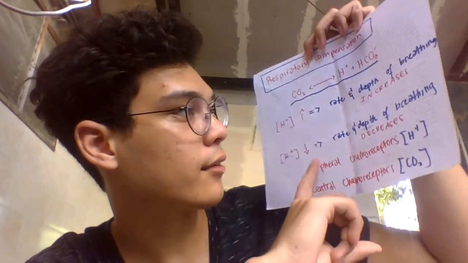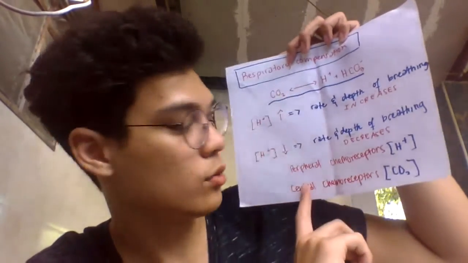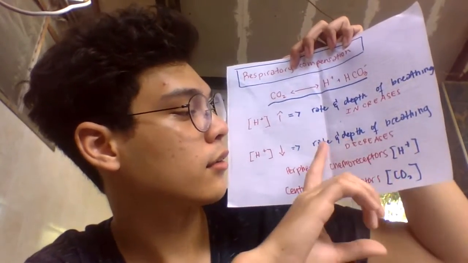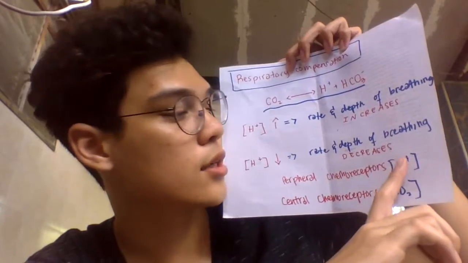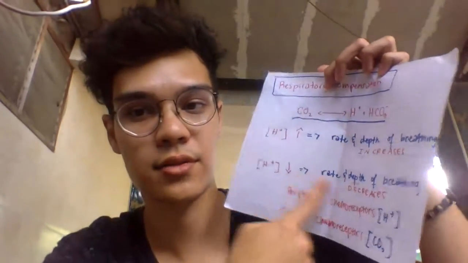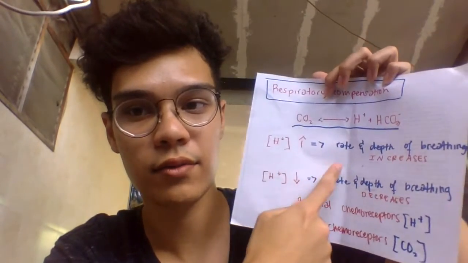And if we have a low amount of CO2, it's detected by the central chemoreceptors, and the rate and depth of breathing is decreased. That's basically what happens. Rate and depth of breathing increases and decreases.